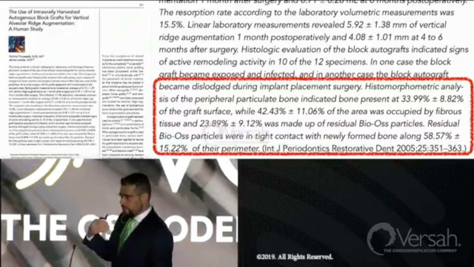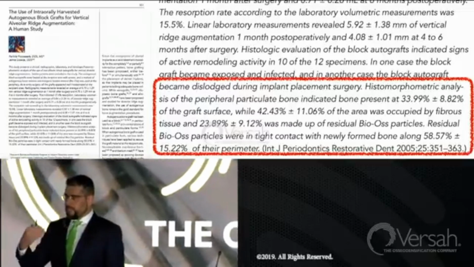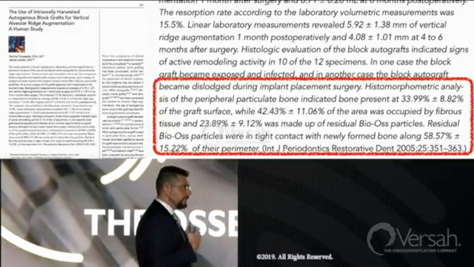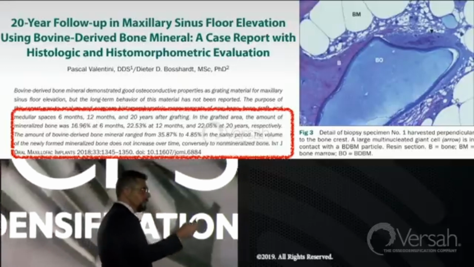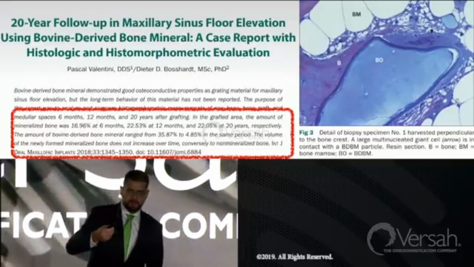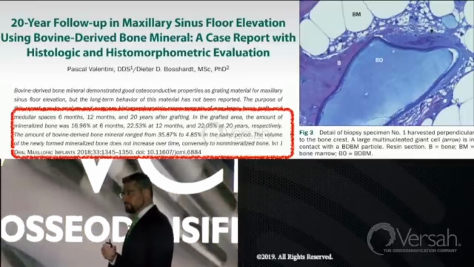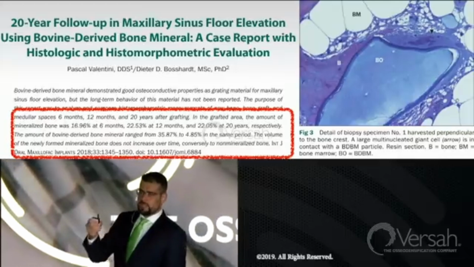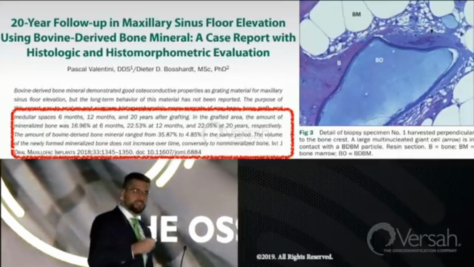And how can these graft materials that did not remodel end up impacting the survival rates of the dental implants that we place? We have evidence, human, histologic evidence, that these xenograft particles are present 20 years after they were placed in the patient. 20 years later, they're still there.